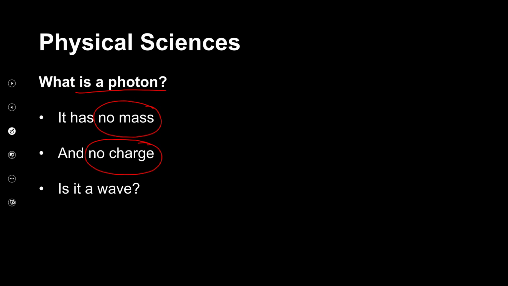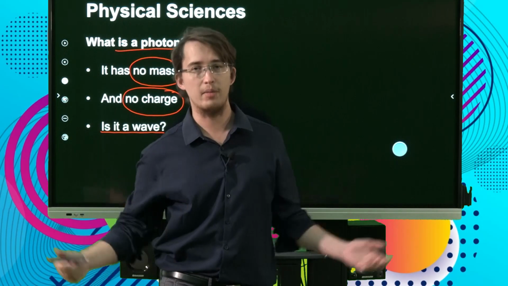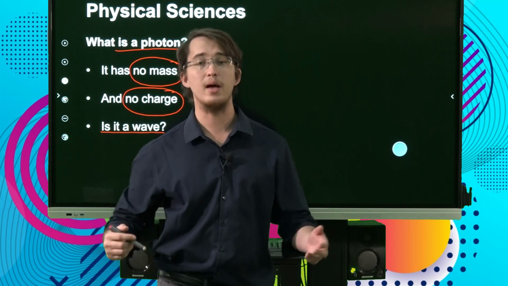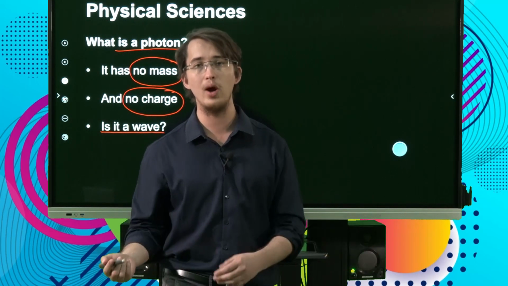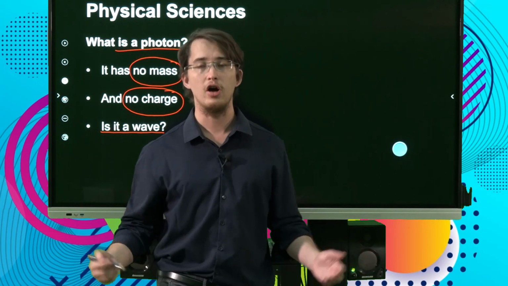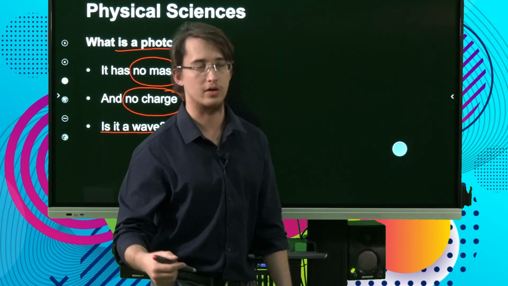Now, if it has no mass and no charge, how can we truly say that it's a particle? Does it then behave more like a wave? Well, the question's come up again, hasn't it? We need to examine whether a photon has properties of either a particle or a wave to get a clearer picture on the answer. So let's have a look.